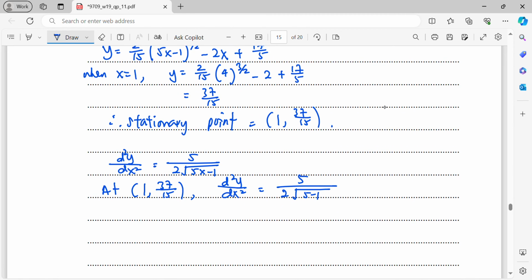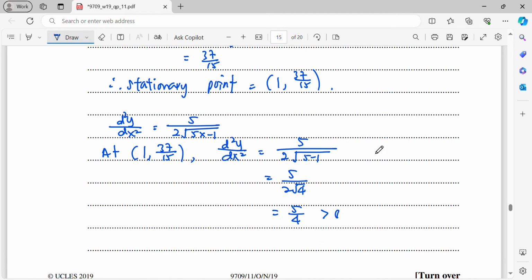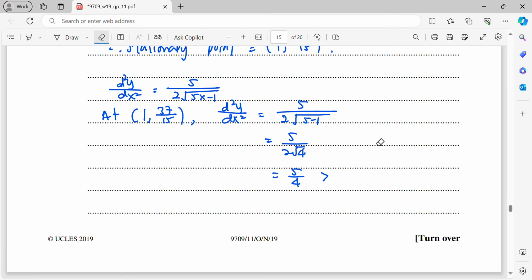So 5 minus 1 is basically 4. So 5 over 2 square root 4. This is 5 over 4, which is greater than 0. So when it is greater than 0, my conclusion is (1, 37 over 15) is a minimum point. Okay, so that's all for this working.